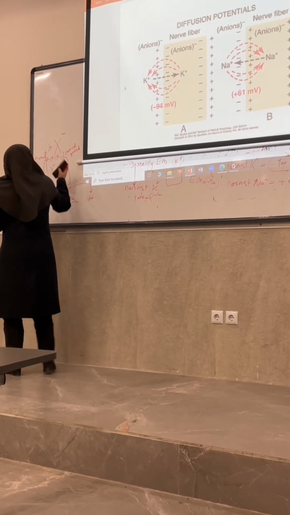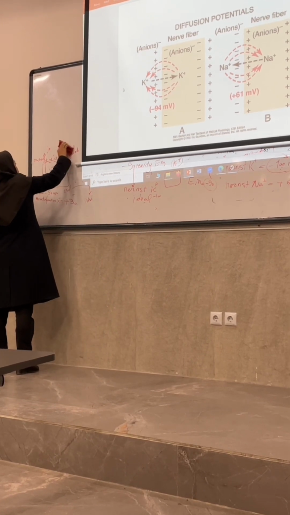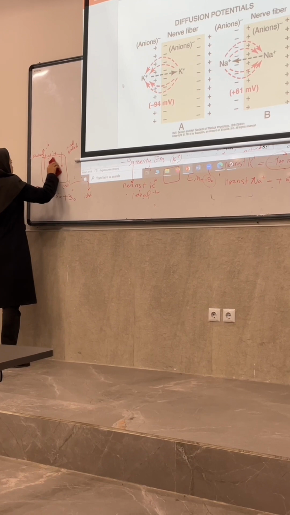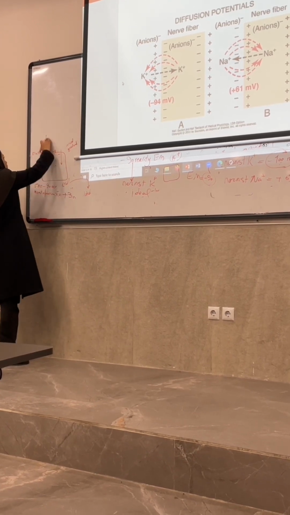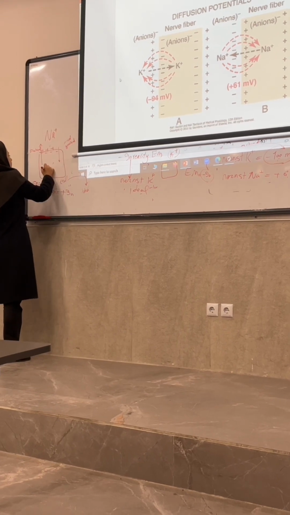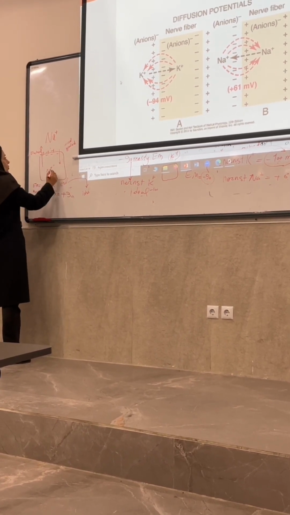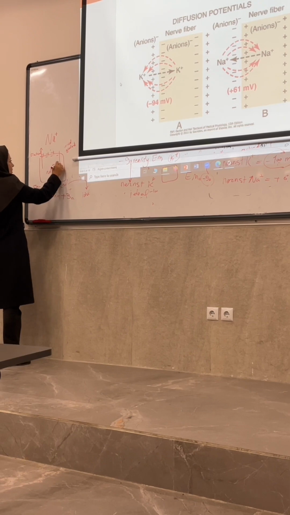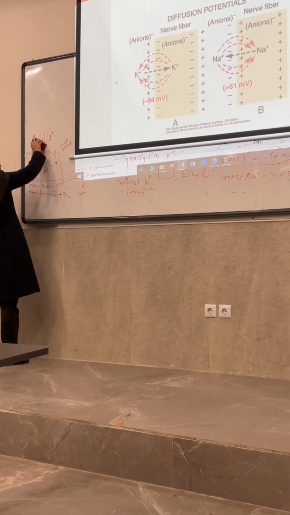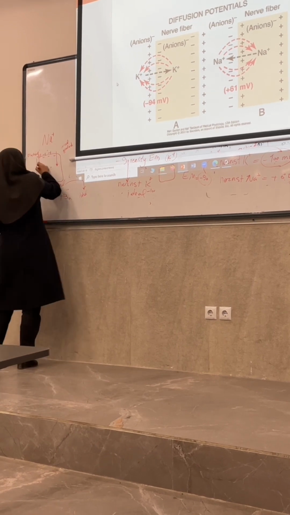I will just give you the example for sodium. For example, for sodium, outside is higher, inside is smaller. So the chemical gradient is coming inside, and because it's positive and inside is negative, the electrical also shows coming inside.